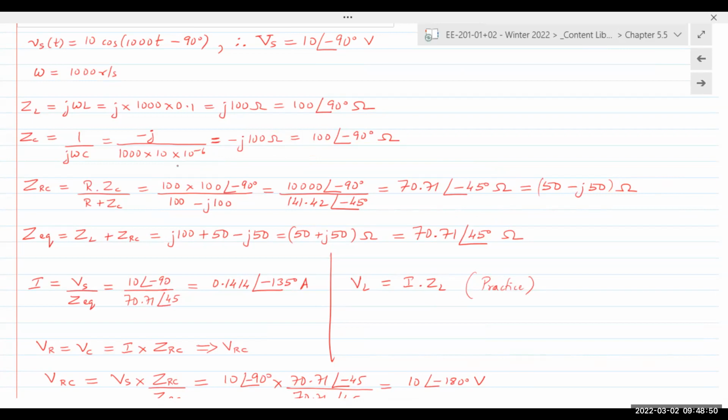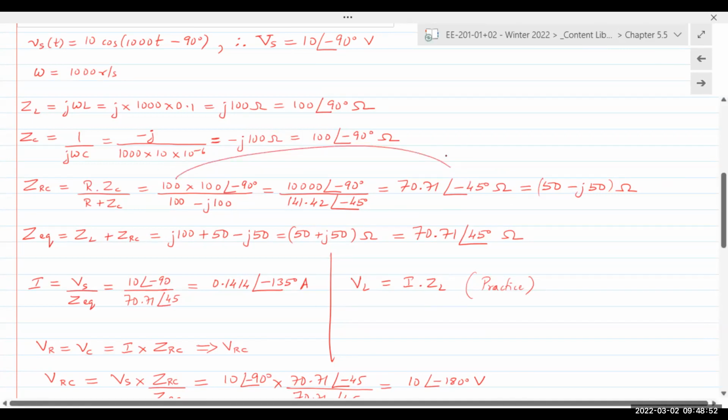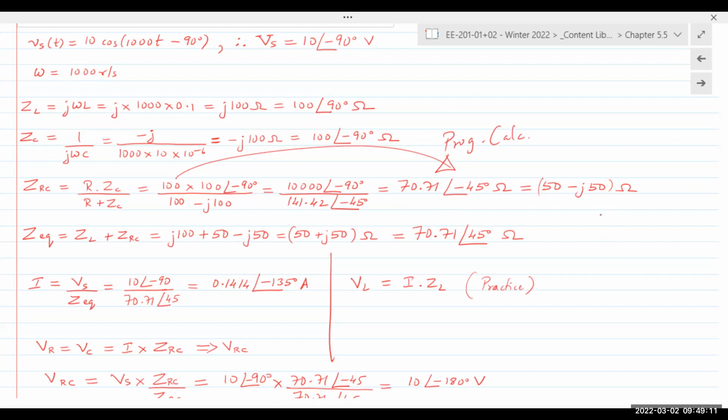Again, you can directly go from here to here with a programmable calculator. And then again, at the same time, I'll also find the answer in rectangular coordinates. So that is ZRC.